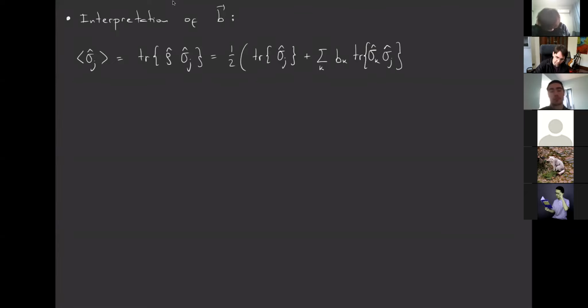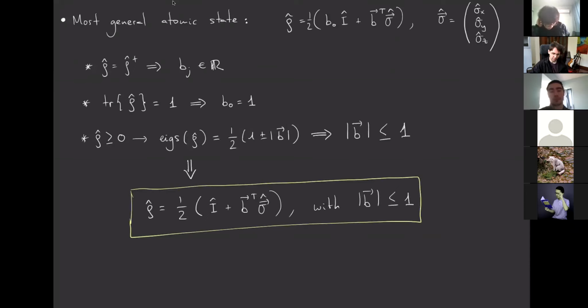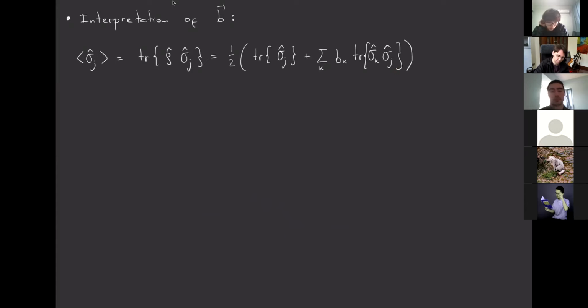I hope that this is obvious to you, but it just comes from this expression. Just multiply rho by sigma j on this side, and you will get exactly sigma j in here. And here you get a sum of the components of B times the components of sigma times the sigma j. So it's exactly this expression here.